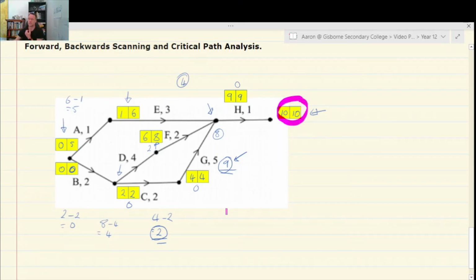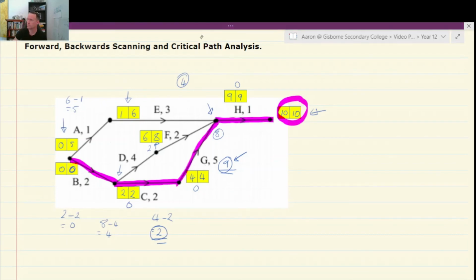Okay, so this project is taking 8 hours. The critical path is the path in which all float times are 0, and there will be one in every activity network. So if we look at this, the critical path is B, C, G, H. Right.